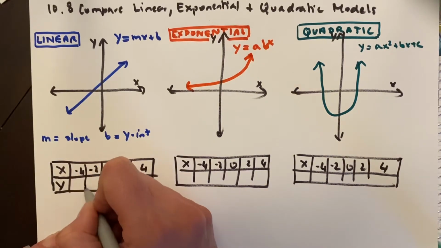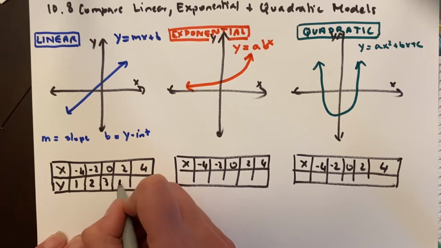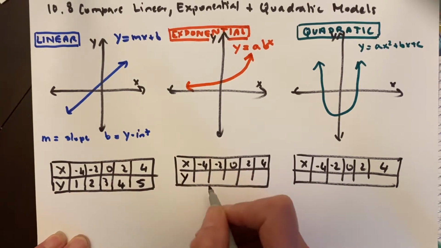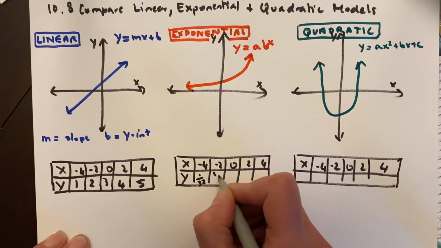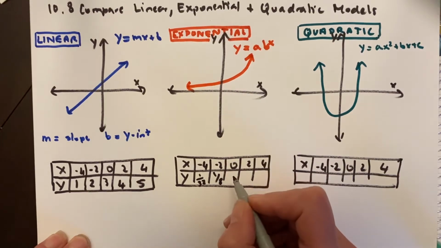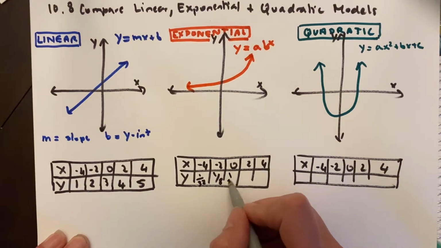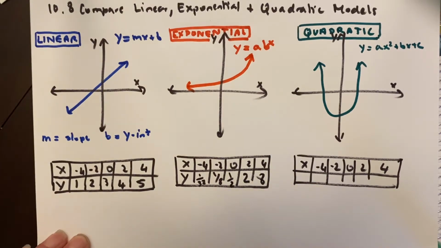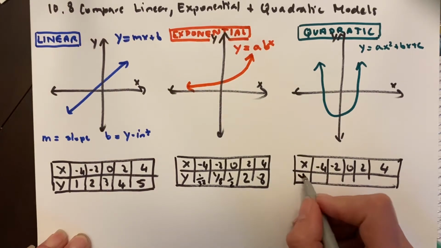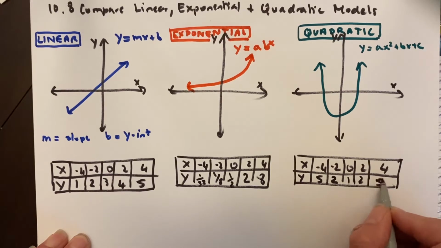And my y values for each, in a linear function, I have just 1, 2, 3, 4, 5. In the exponential function, I have 1 over 32, 1 over 8, 1 over 2, 2, and then 8. And then the quadratic, I have 5, 2, 1, 2, 5.